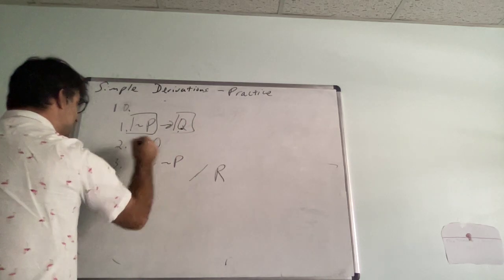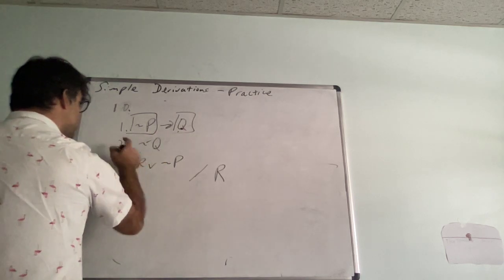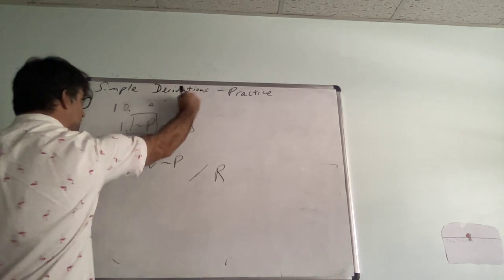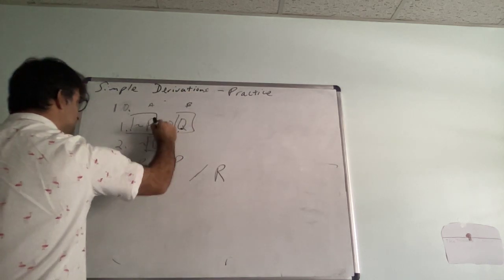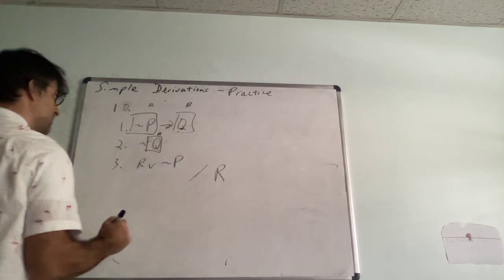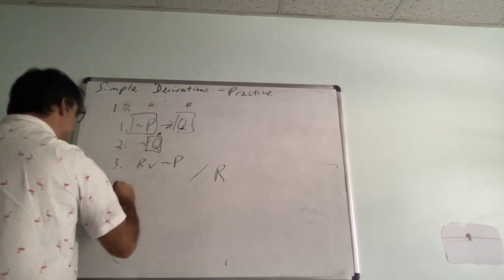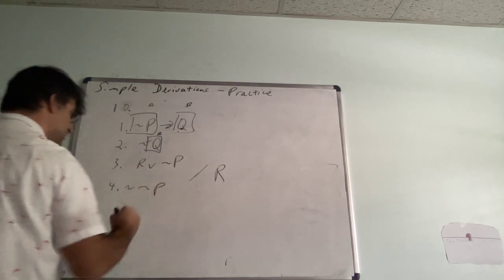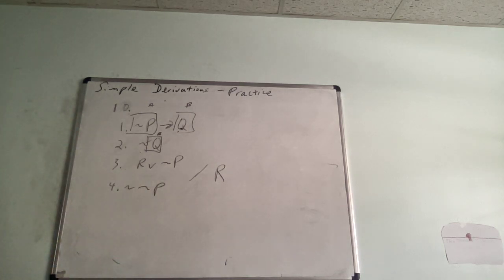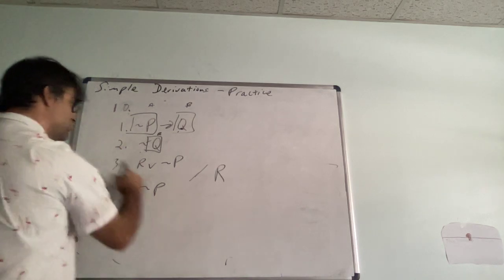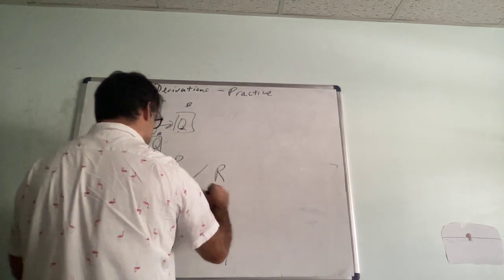It's Q, not Q. So we have A implies B, not B. Therefore, this is false. Therefore, not P is false. That's where you get your double negation. So that's 1 and 2, modus tollens again.